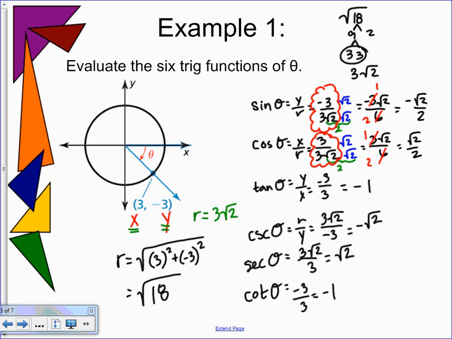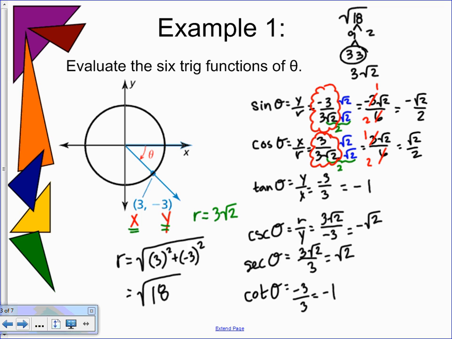Before I leave this slide, let me just say, if you have trouble remembering those general definitions, you could approach this more like a geometric problem in drawing the actual triangle. So I never actually drew the triangle, right? I just said, let me pick my point x and y, and let me find my r and move on. You could draw the triangle like we did when we first did the definition.